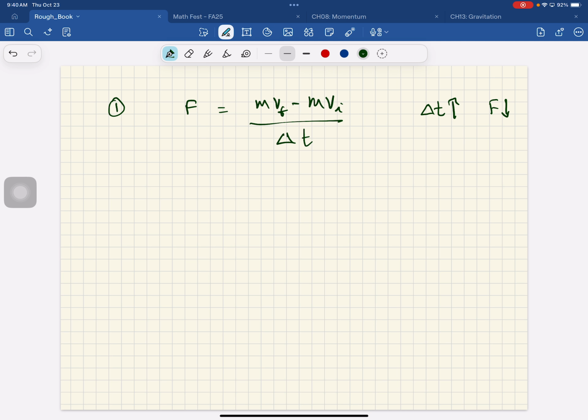That was one application. The second application is you want to increase the impulse. If you increase that, then the final velocity will be large. You'll be launching something with a great speed.